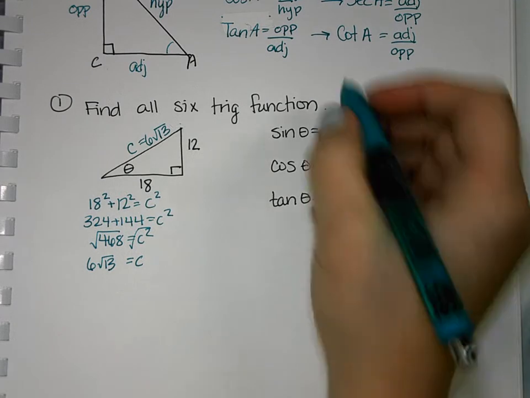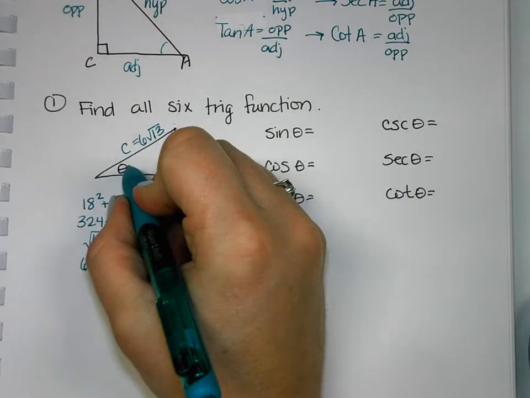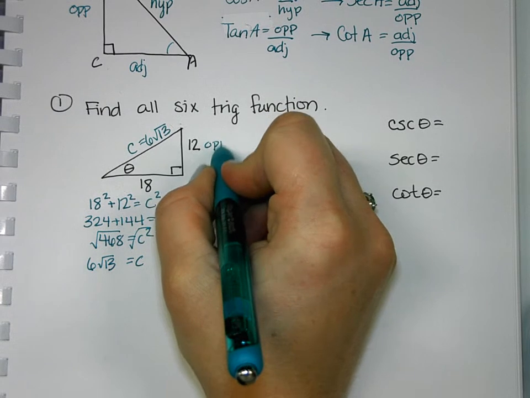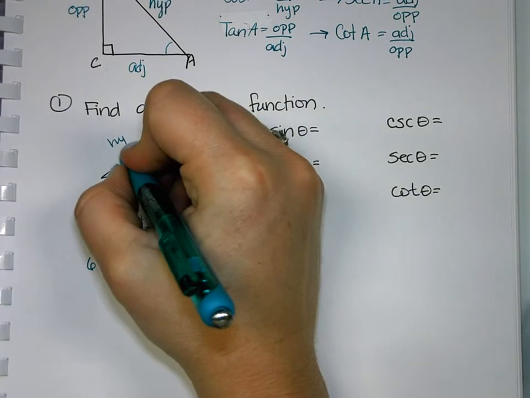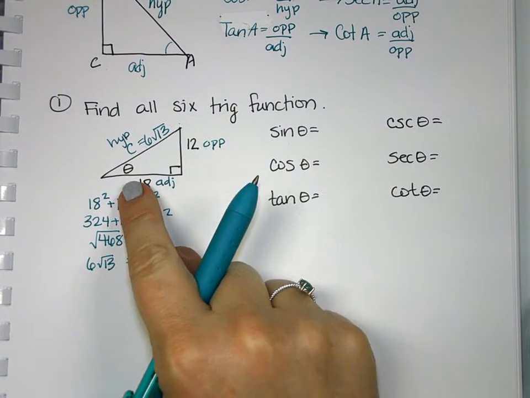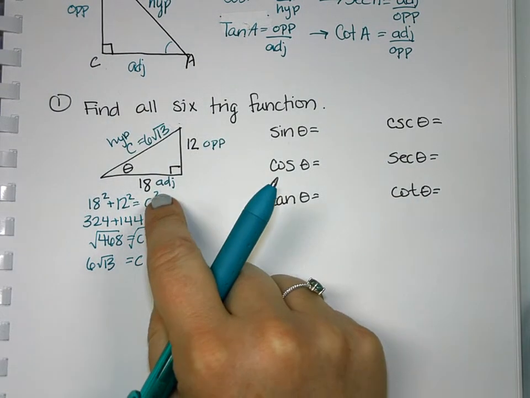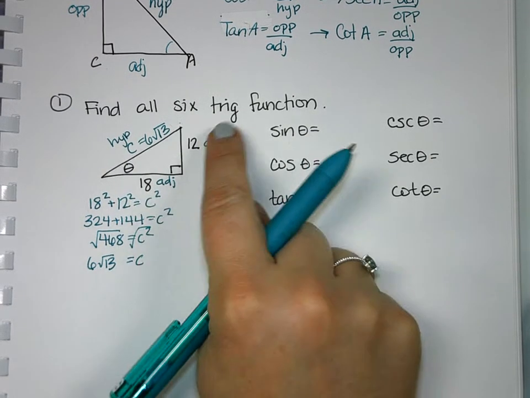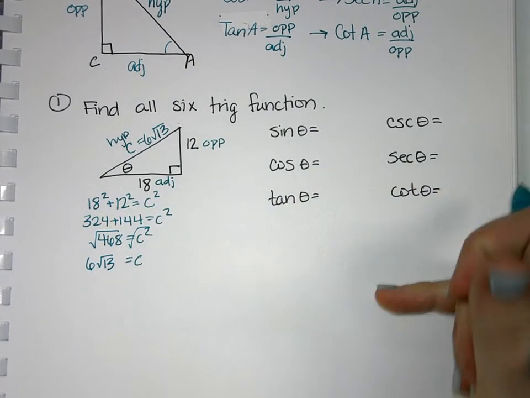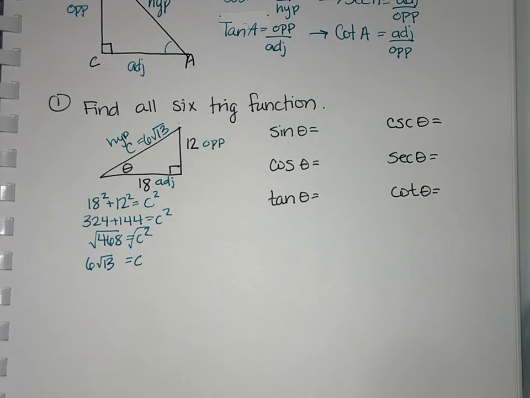So for sine, I'll have my theta here, which means here's my opposite, here's my adjacent, and here's my hypotenuse. And so if you're struggling with telling the difference between your sides, what I do is I start by labeling so that when it comes to just filling them in, I know which ones I'm looking for.